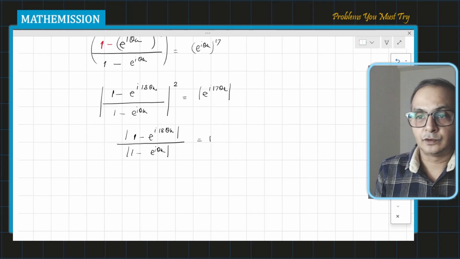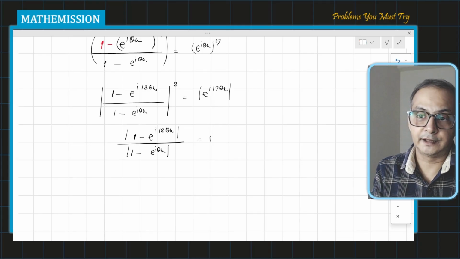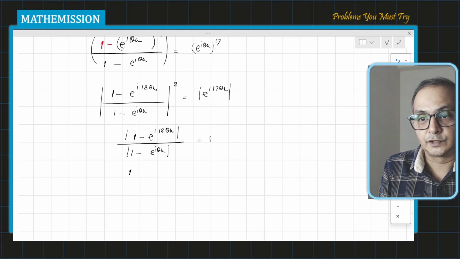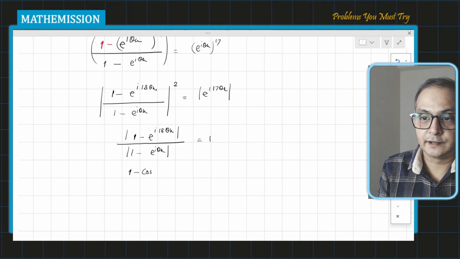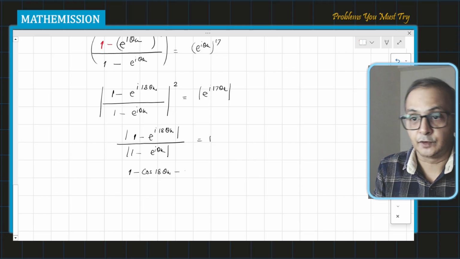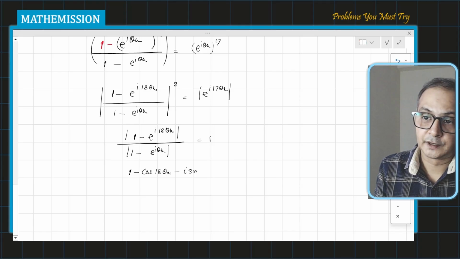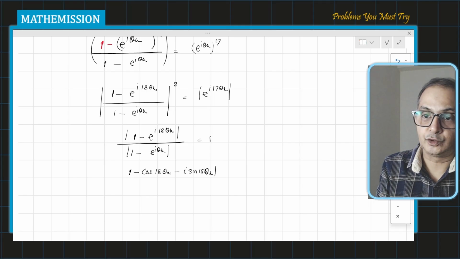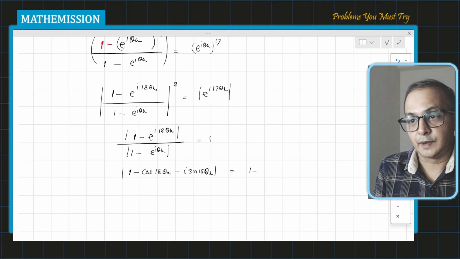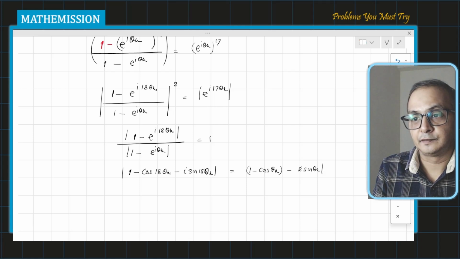So what I can do now is write e to the power i 18 theta k and e to the power i theta k in terms of sine and cosine. This will give 1 minus cosine 18 theta k, minus i sine 18 theta k, magnitude, and on the right-hand side 1 minus cosine theta k minus i sine theta k, magnitude.